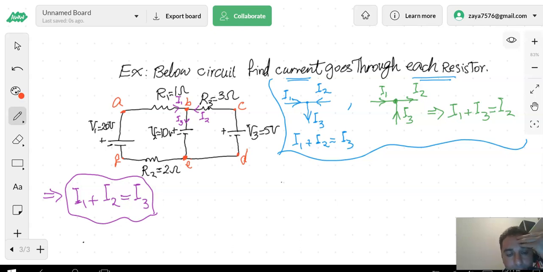Now guys, how many loops do you see in this circuit, in this diagram? I can tell you it's two.